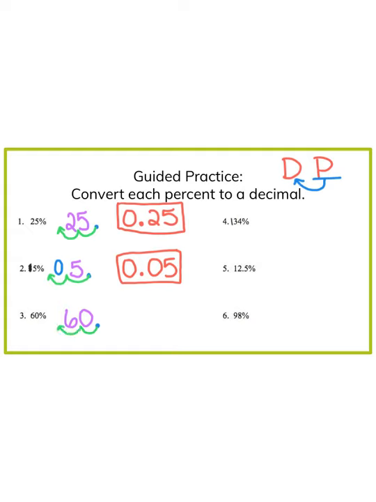So 60% as a decimal is 0 and 6/10. Now you can add this 0 on at the end. It does not change the number. So both of these would be acceptable answers.